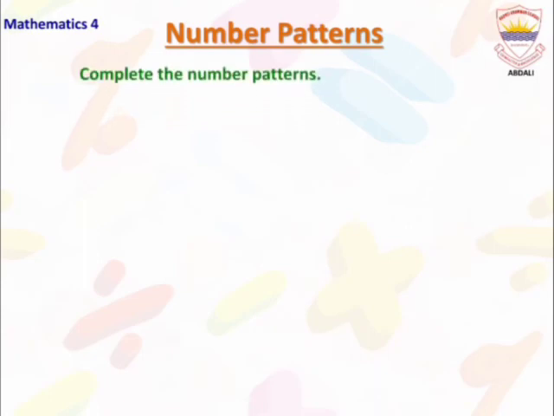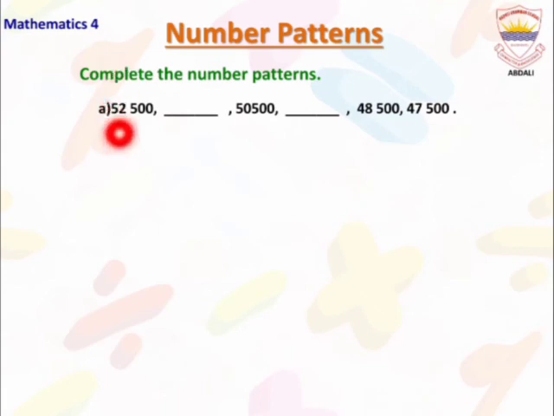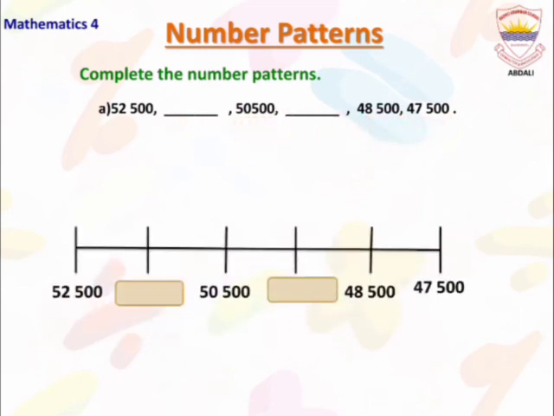Our third question is complete the number pattern. Students, now complete the number pattern. Our question is: 52,500, after that 50,500, 48,500, 47,500. We put these numbers on a number line.